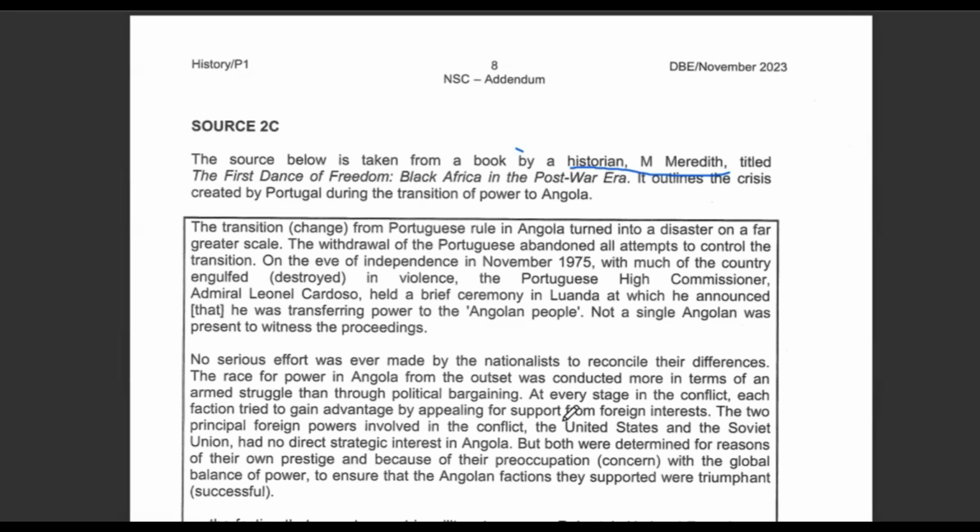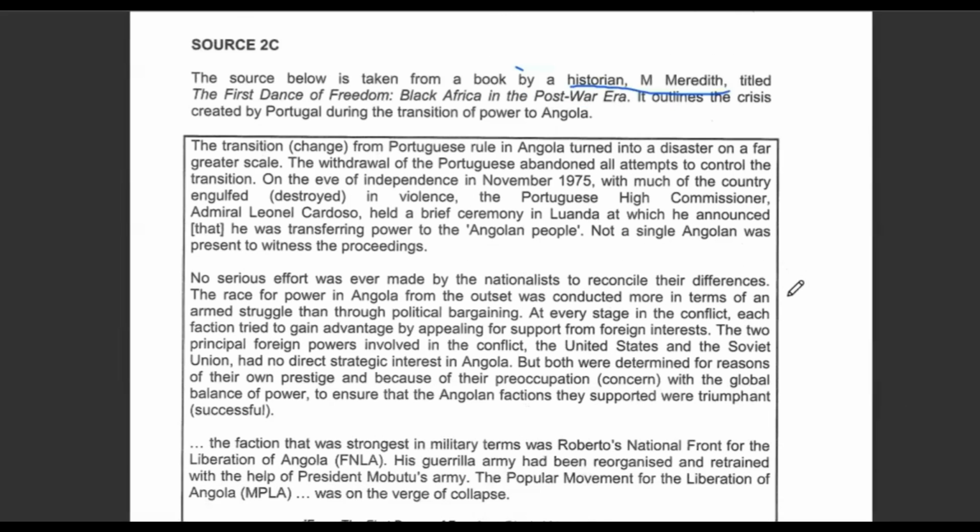All right, when you look at it, it outlines the crisis created by Portugal during the transition of power. So its usefulness, it narrates the events which happened in November 1975, which is a useful feature. Then it also discusses the different parties which were involved.